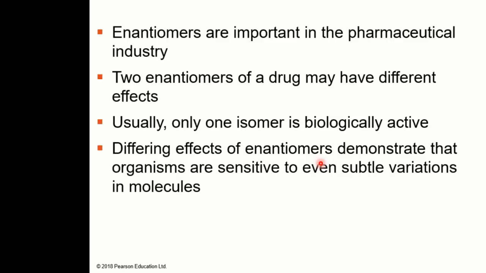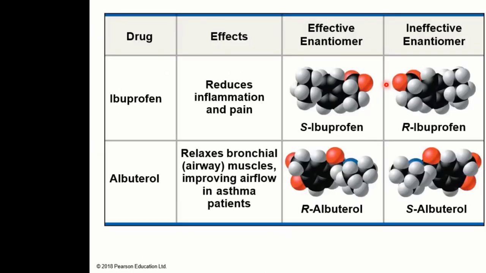These enantiomers are important in the pharmaceutical industry because the two enantiomers of a drug may have different effects. Usually, one isomer is biologically active and the other may not be. So the differing effects of enantiomers demonstrate that organisms are sensitive to even subtle variation in molecules.